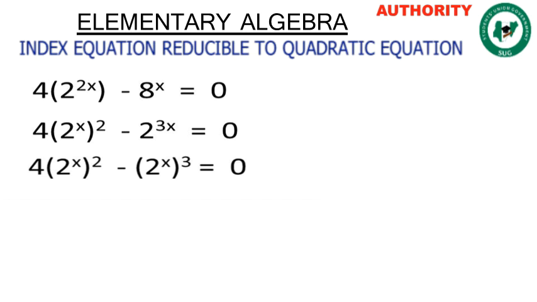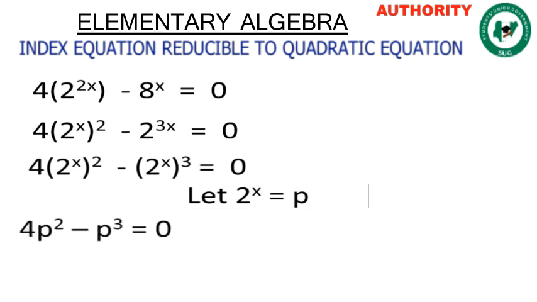Now from here, we can simply say, let 2^x equal to p. Let 2^x equal to p. Now from here we have 4p squared minus p cubed is equal to 0.